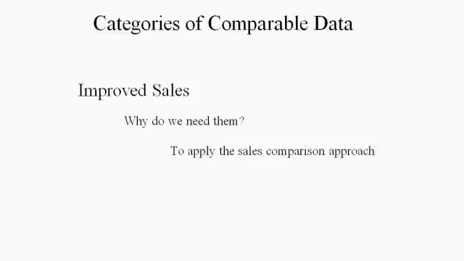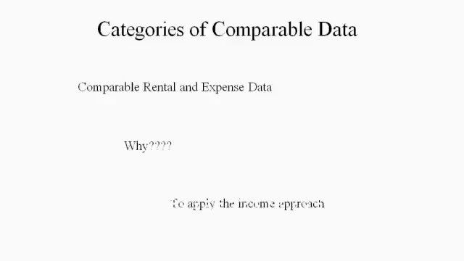Recent is a matter of judgment. Similar is as well, but recent sales and similar to the subject. And that's the reason for gathering data on improved sales. Now, we also have to gather comparable rental and expense information. And again, of course, we're going to say, how come? And the answer is so that we can apply the income approach, which we'll study later on.